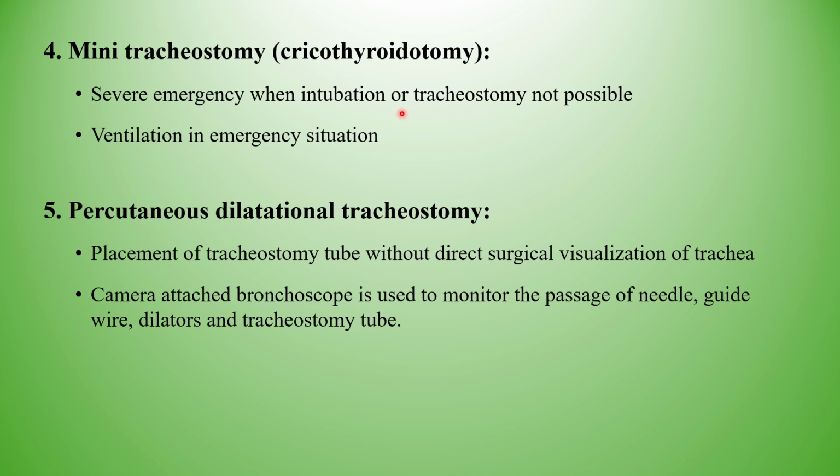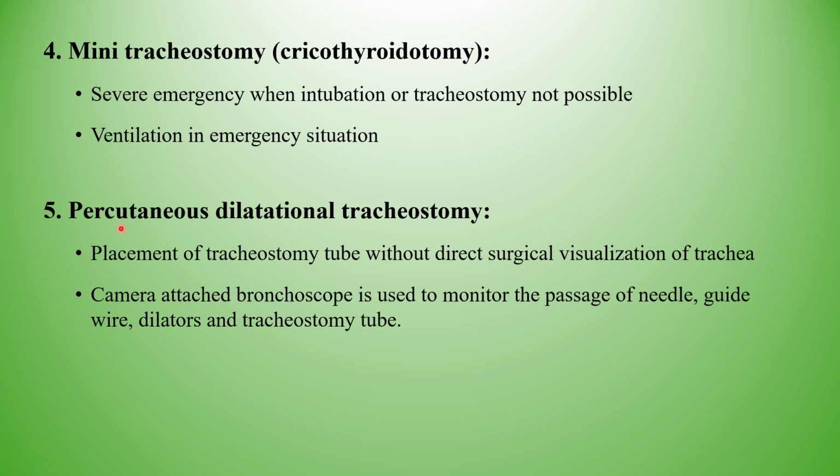On the cricothyroid membrane, you give an incision with a knife and put any tube there, a straw, whatever, to open up the airway, and it is only reserved for ventilation in an emergency situation. But once cricothyroidotomy is carried out, it should be converted into a proper tracheostomy as soon as possible.